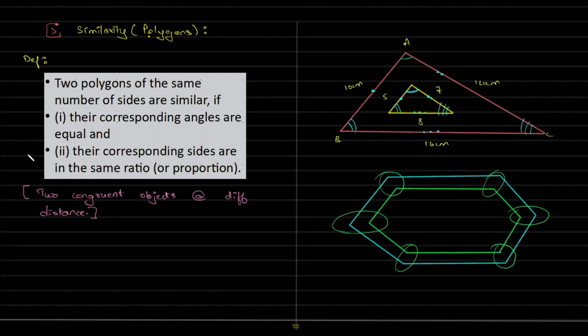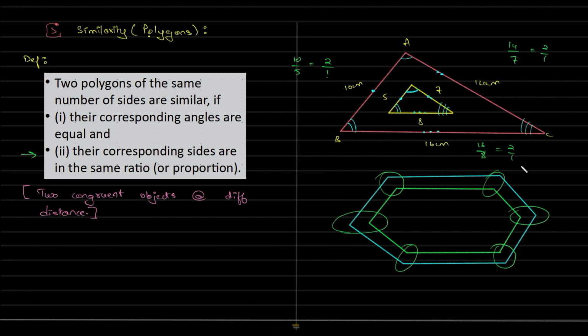Next we'll look into this, because angle is quite simple. You measure and both are the same. But what about corresponding sides being in the same ratio or proportion? See, if I take 10 by 5, the ratio I'll get is 2 by 1. If I take 14 by 7, I'll get 2 by 1. If I take 16 by 8, I'll get 2 by 1 as the ratio.